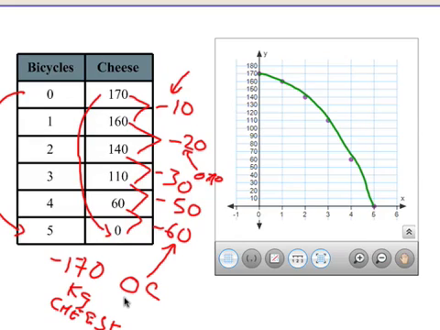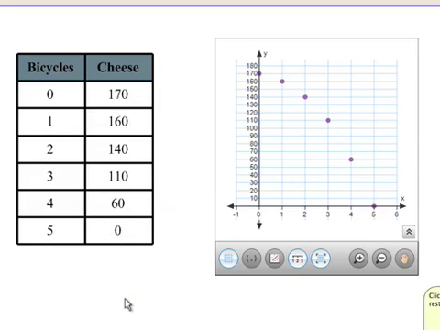Part C, mark a point H on the graph that indicates widespread unemployment in country X. We're assuming that country X, for some reason, is creating bicycles and cheese, like I said. It doesn't make sense. But if there's widespread unemployment in the country, economically that's telling us that there is not efficient use of resources. They're not using their employees efficiently.